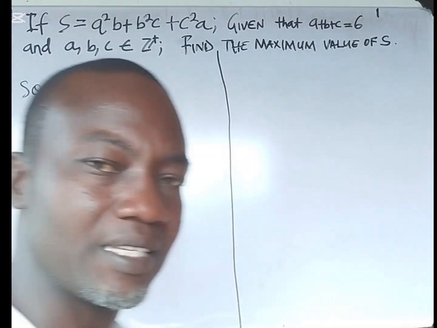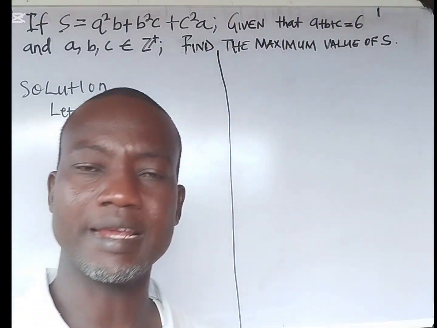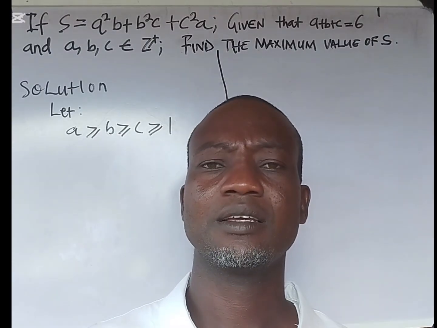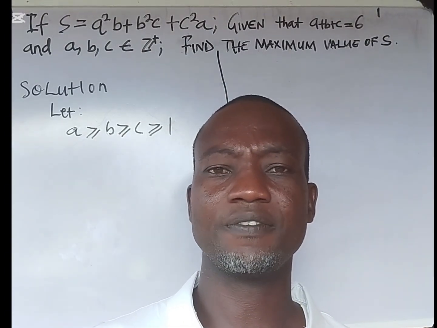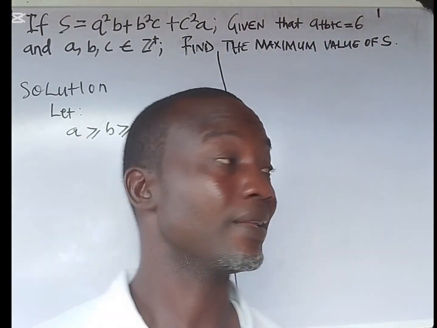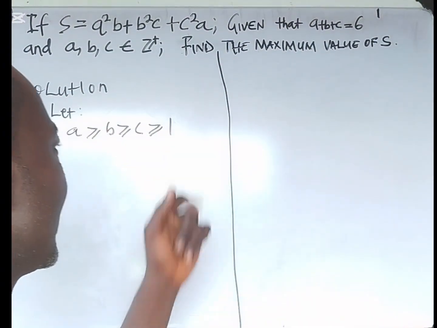Why did I say definitively that c will be greater than or equal to 1? Because I've stated earlier that the least value we can get from the set of positive integers is 1. That is the reason why we have 1 here.